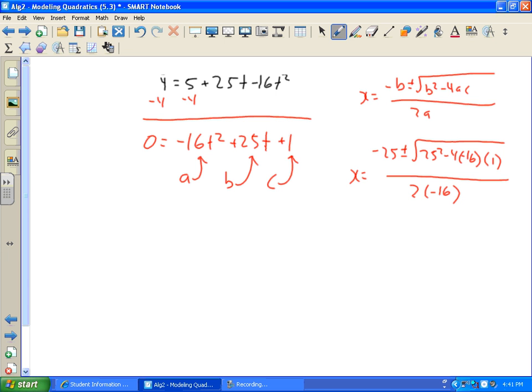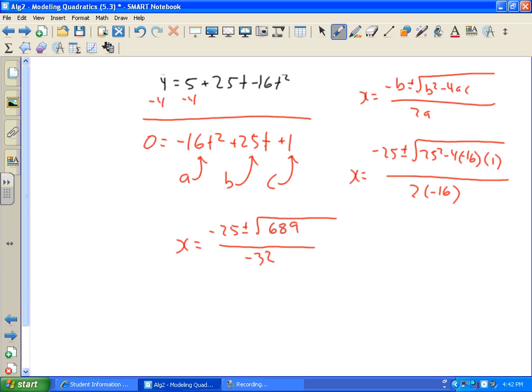That's a beastly quadratic equation. It is just a number crunch in your calculator. You guys know how to do that. It's going to give you x equals negative 25 plus or minus the square root. I'm going to tell you that 25 squared plus 4 times 16 will come out to be 689. Like I said, it's a calculator crunch. I'm not going to worry about that.